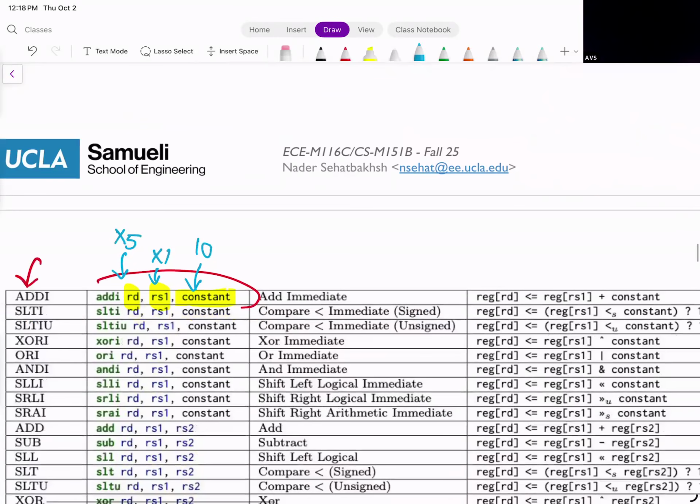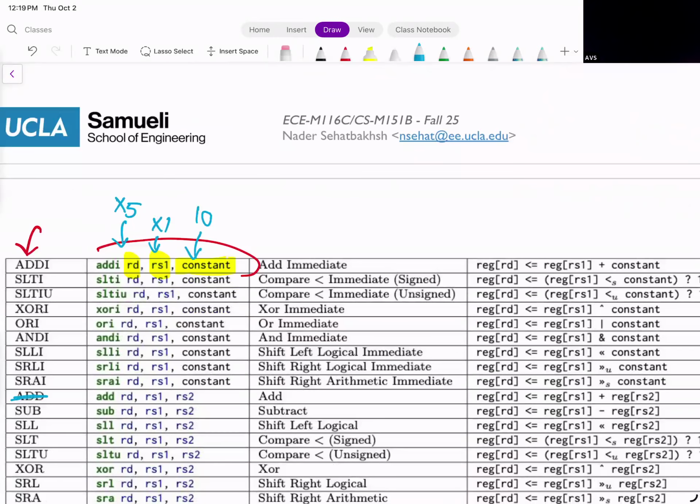But if you look into the add instruction, you will see that it has similar syntax. It takes RD, RS1, and RS2. RS1 is still register source 1, and you take another register source as well, okay?